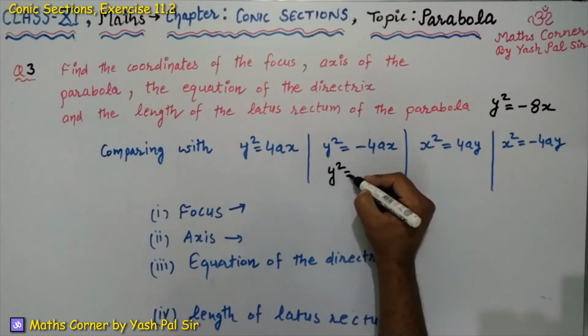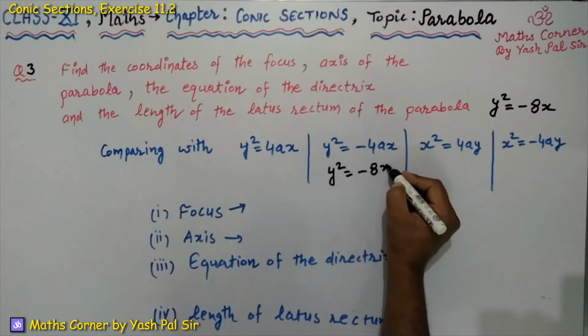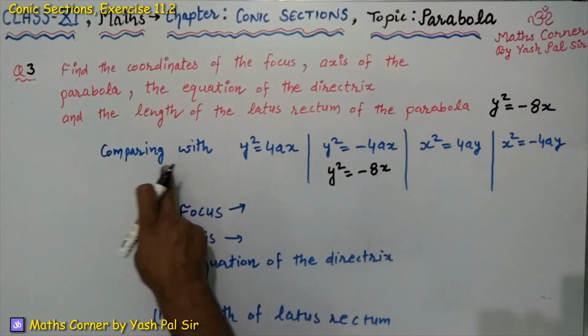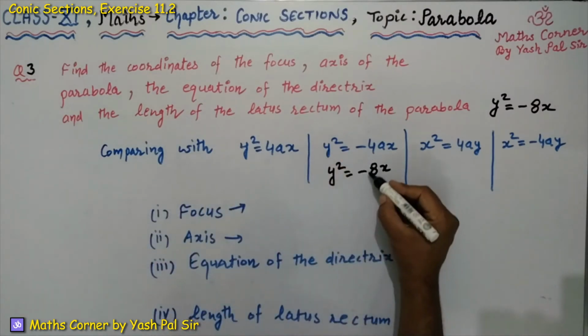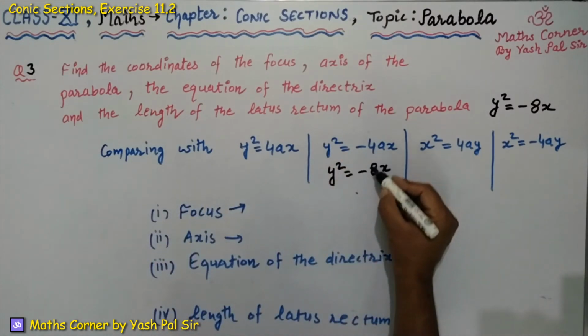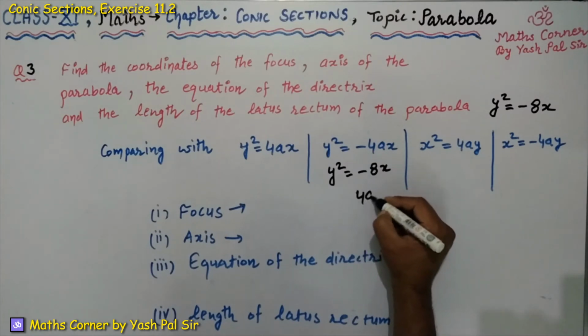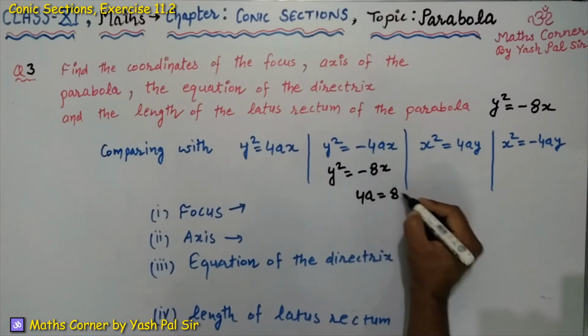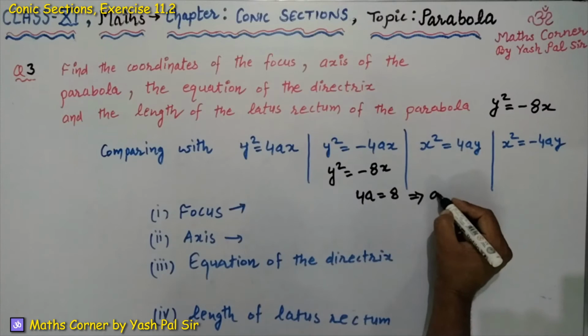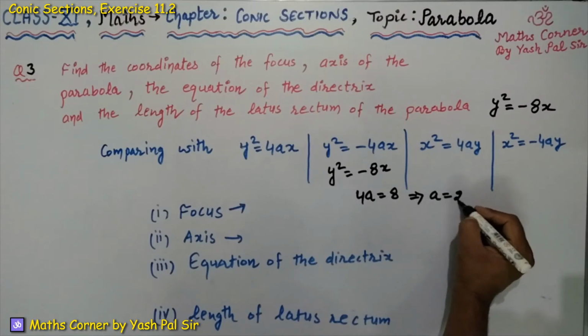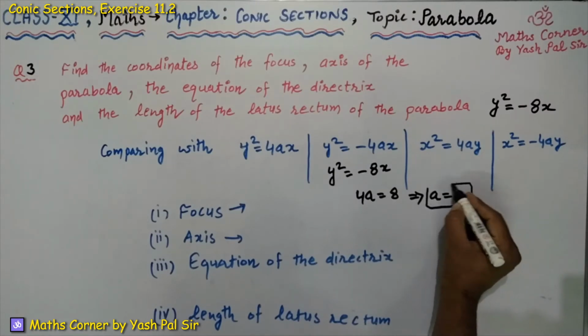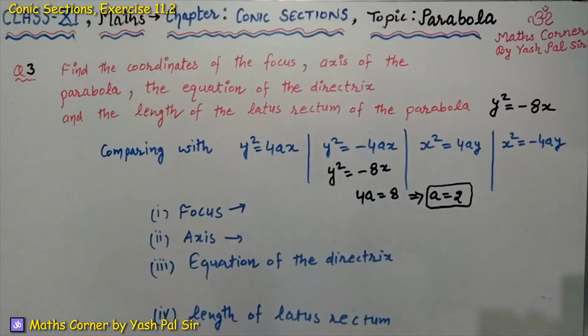So comparing with this, we have minus 4a, minus is okay, 4a is equal to 8. From this we have the value of a is 2.